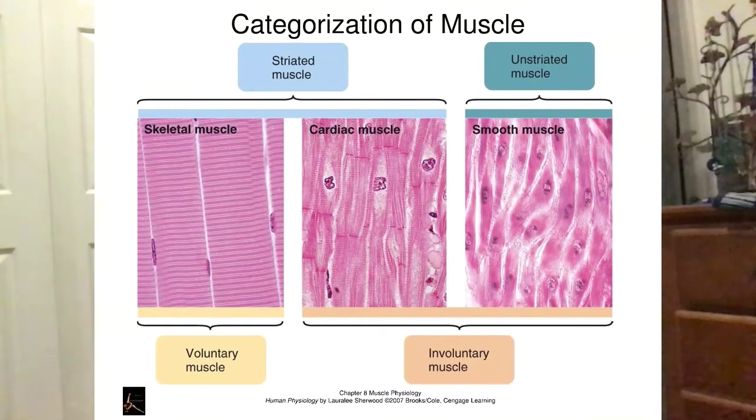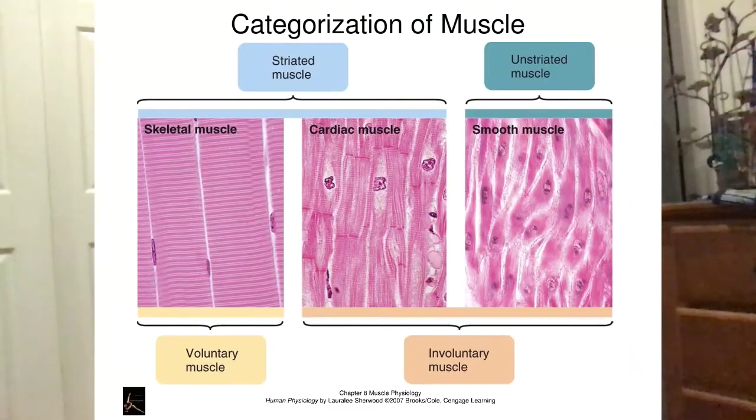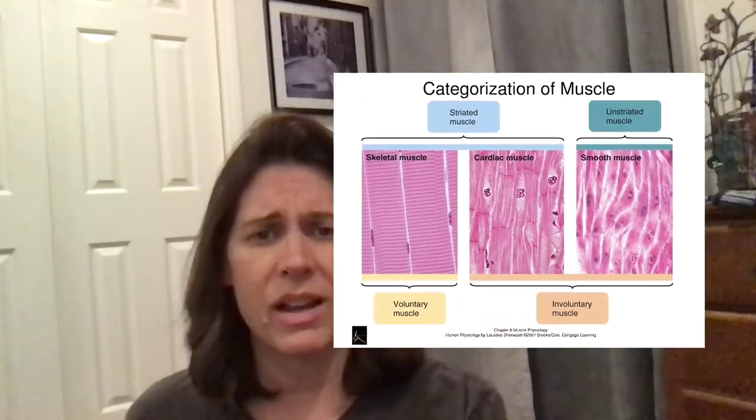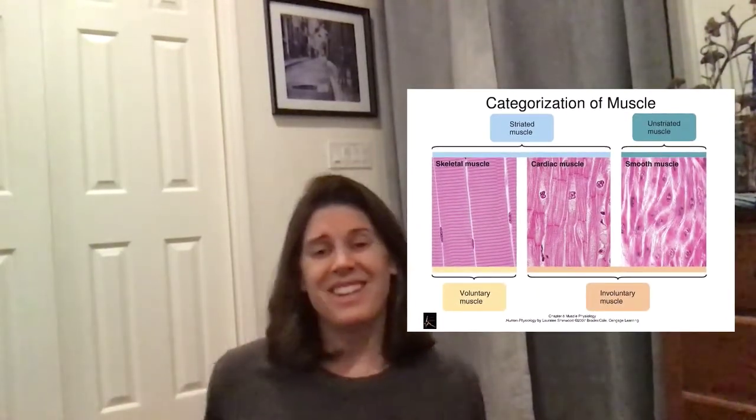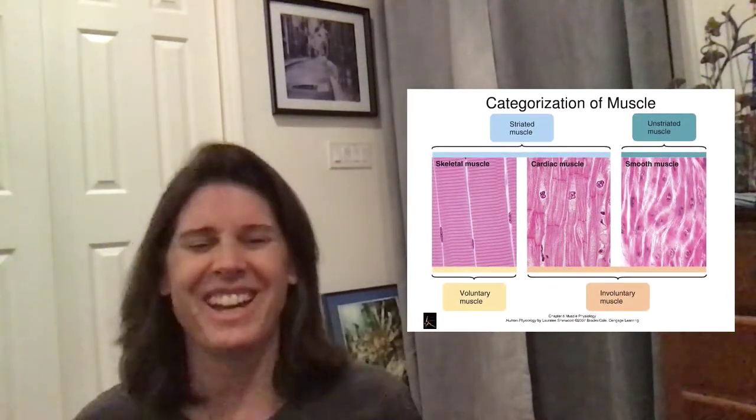There's always exceptions to the rules in physiology. But cardiac muscle and smooth muscle are mainly controlled from other areas of the brain where there isn't conscious thought. So we say that's involuntary muscle, and that's a good thing because you don't have to sit around thinking every second.